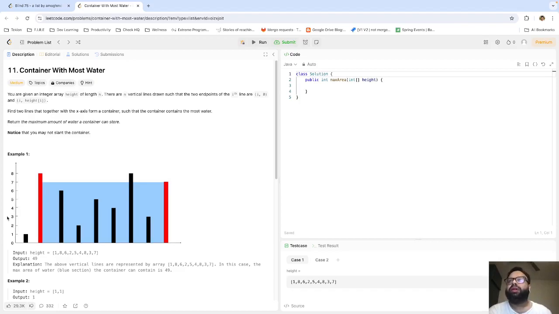Okay, so we have an array, right? If I'm looking at this, the largest container this can be part of will be the maximum of... should we do it for every?